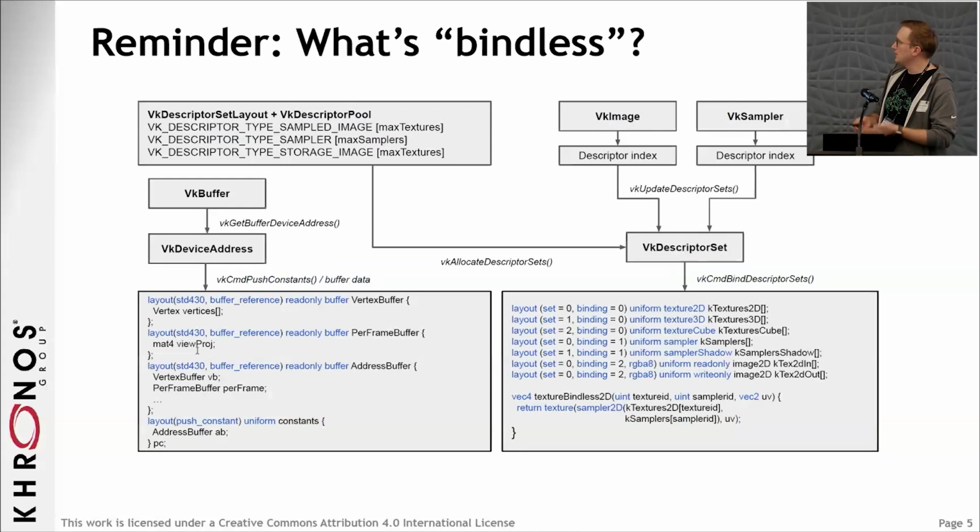Before we start, a short reminder of what Bindless is. In really simple words, when we are talking about Bindless, we do not bind every single resource when we do rendering. We access these resources in shaders. For buffers, we use pointers or physical buffer addresses to refer to different buffers in shaders. For textures, samplers, images, we use arrays and we use an index to access these arrays in shaders again.